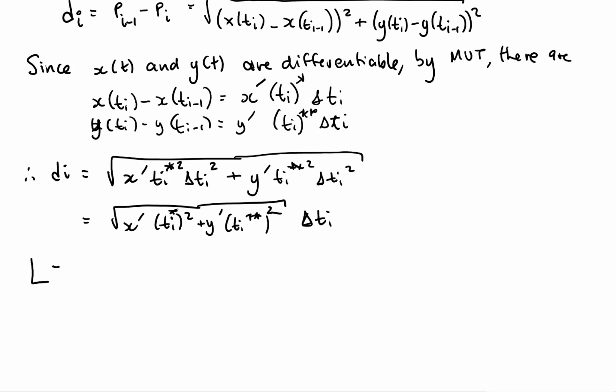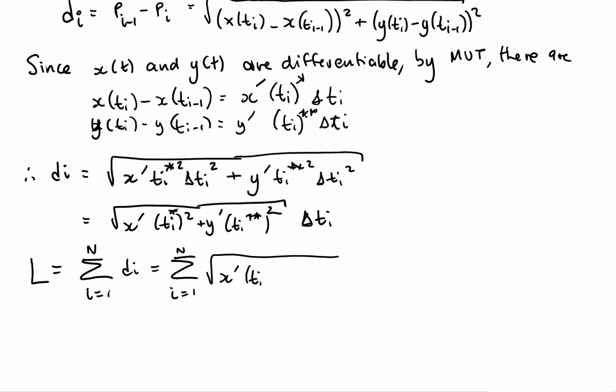And so the length will be the sum from i equals 1 to n of di, which will be the sum from i equals 1 to n of x prime ti star squared plus y prime ti star squared times delta ti.